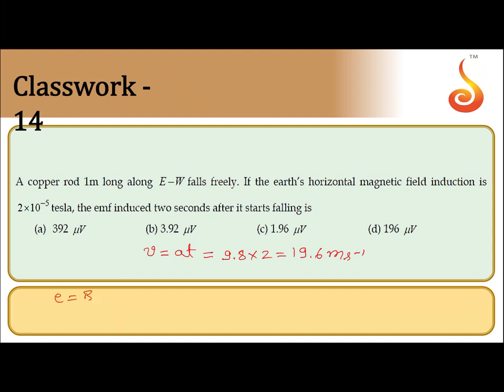So, E is equal to BLV. It is moving perpendicular to magnetic field. Magnetic field of Earth is from south to north. Remember, it is from south to north, not from north to south. So, E is equal to BLV. Just substitute. B is 2 into 10 to the power minus 5 into L is 1 meter into V is 19.6 meter per second.